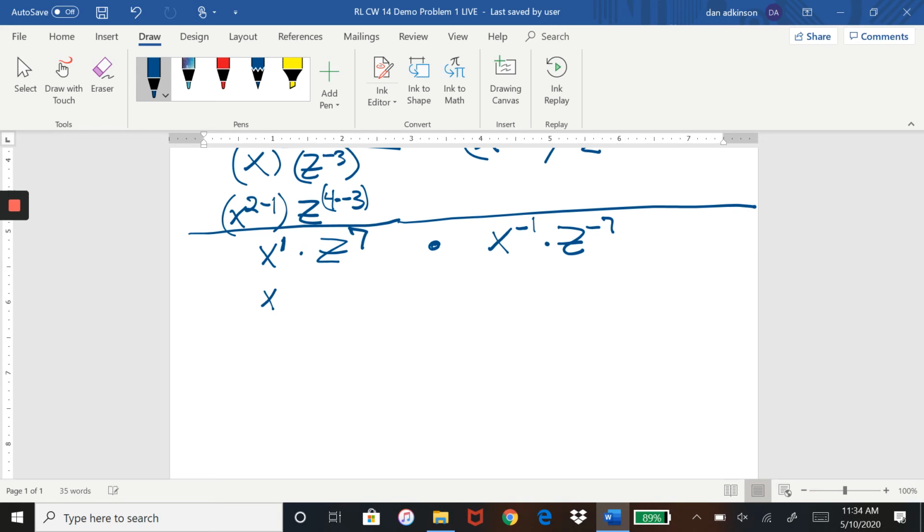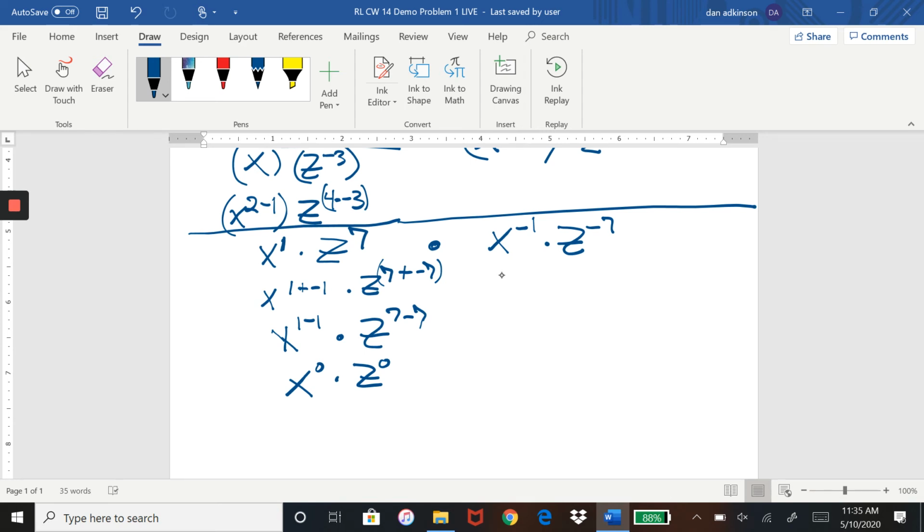So this becomes x to the 1 plus negative 1, and that is x to the 1 minus 1 power. And z becomes z to the 7 plus negative 7 power. If I do that, I have x to the 0 power times z to the 0 power, and I'm not quite sure what to do with that.